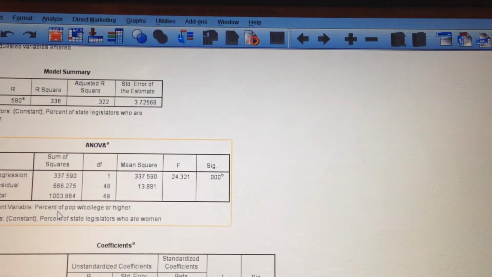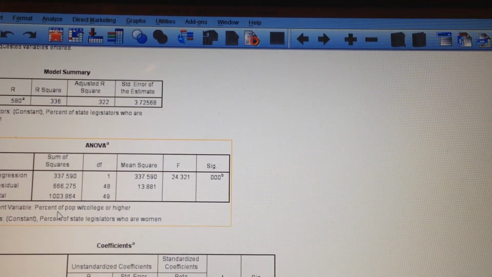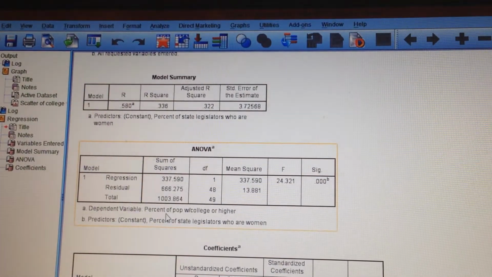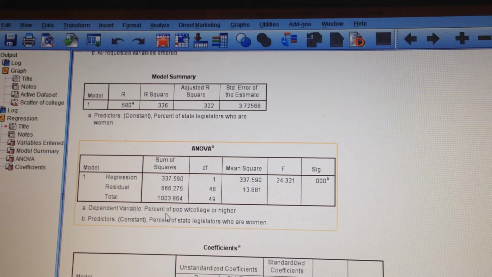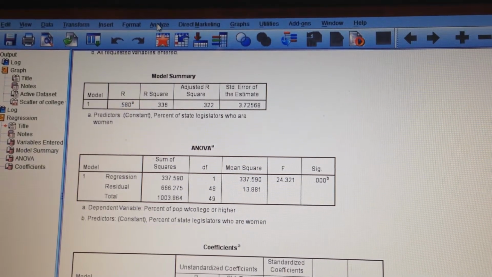The biggest problem is that we know there are going to be other things that contribute to whether or not people get a college degree, not just being female. There are all different factors that we think might determine whether or not a person goes to college, finishes college, gets a degree. Regression analysis can look at that.